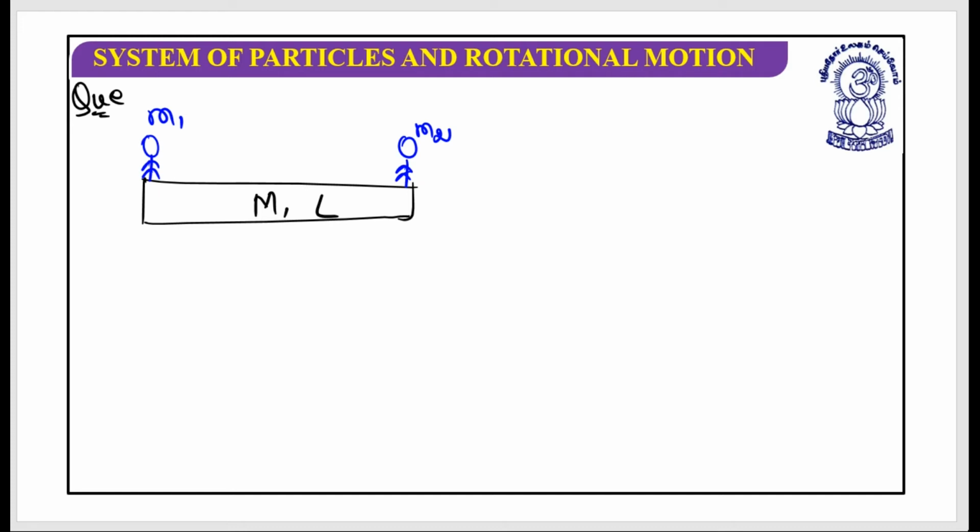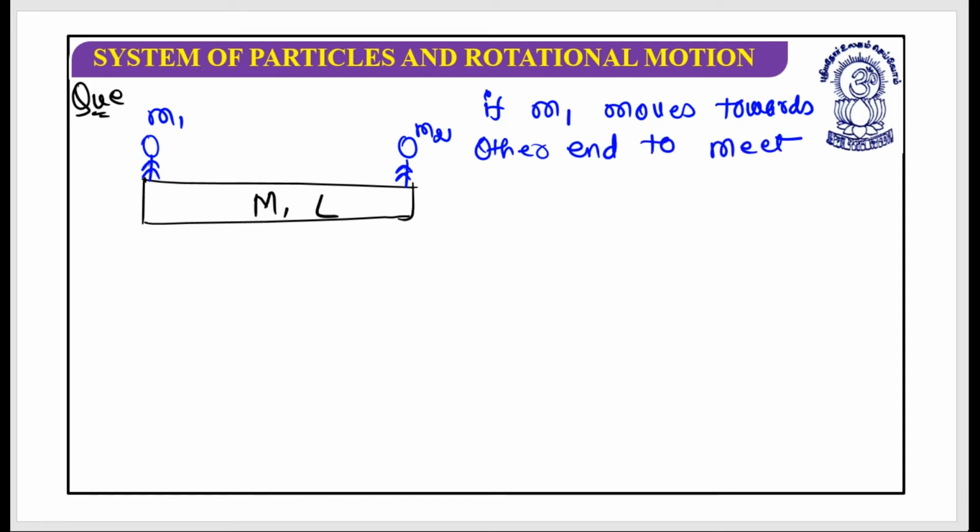So the question is, if m1 moves towards the other end to meet m2, find out the displacement of the boat.